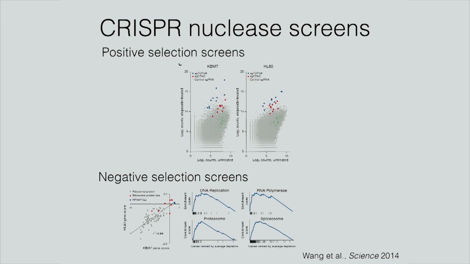They also did a good job going in and making sure that they could see negative selection. So that's really where you would expect indels to, without effects being a problem, and where you're knocking out essential genes, so that DNA replication, RNA polymerase, all these essential components do drop out.